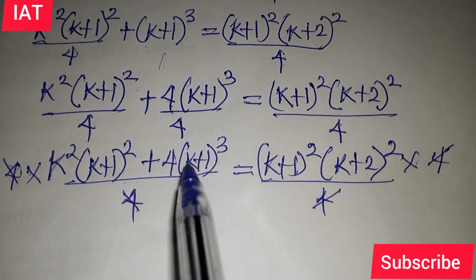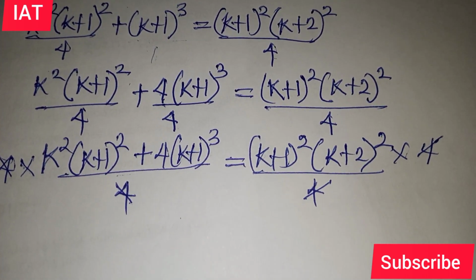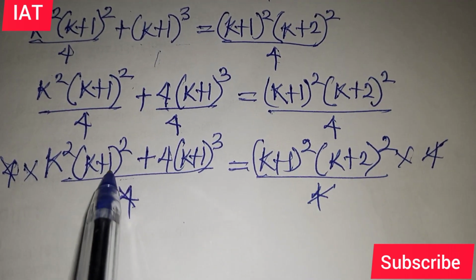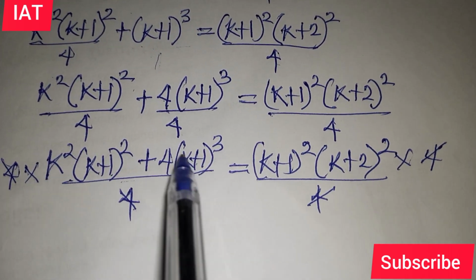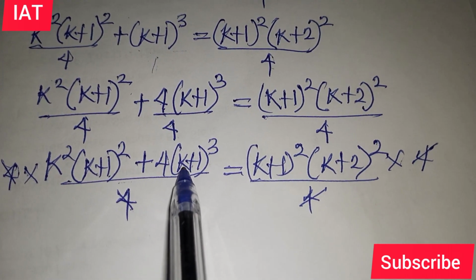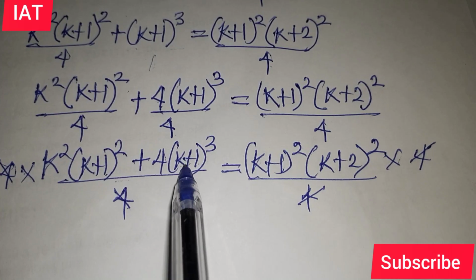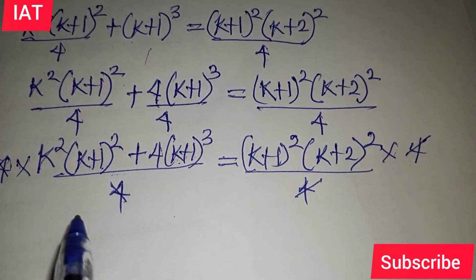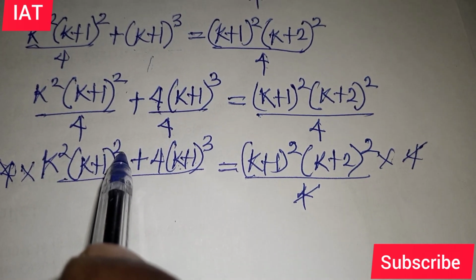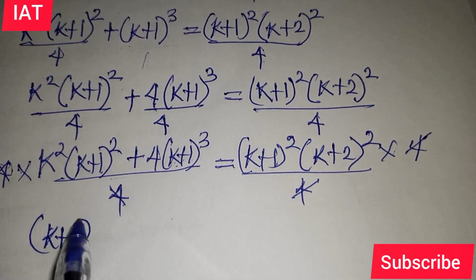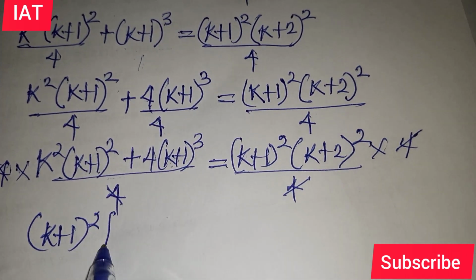So from the left hand side, what happens here? We want to see what we could do. We observe that k plus 1 is common in this bracket. (k plus 1) all squared is common, because I'm having (k plus 1) cubed, but I'm having (k plus 1) squared inside this cube. So we just conclude that (k plus 1) squared is common. So (k plus 1) all squared, if it is common, what will remain?